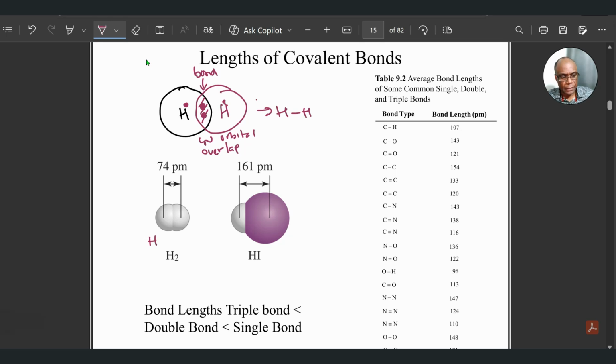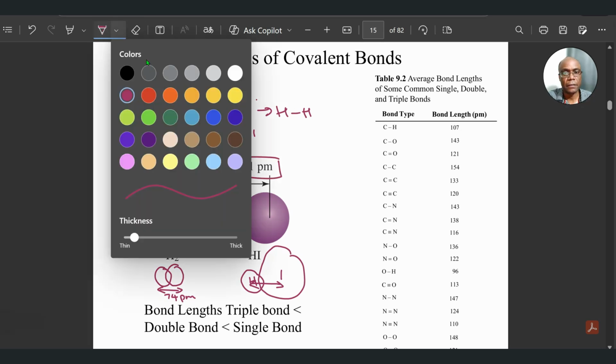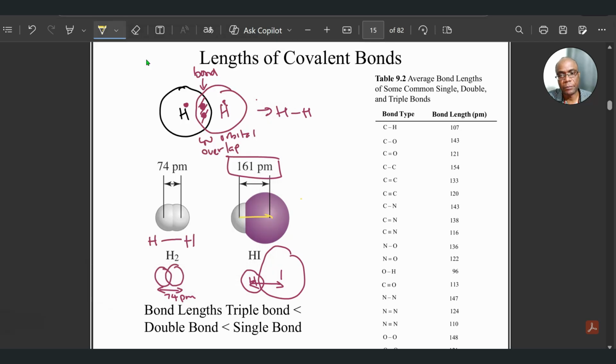Hydrogens tend to be very small. So you'll expect that their overlap will be very effective and the distance is going to be shorter, roughly 74 picometers. But if you take a hydrogen, a baby, and then overlap it with something bigger, an iodine, the internuclear distance will increase, which is why you see it to be 161. Because of the size of iodine, this is the iodine, and this side is going to be your hydrogen.